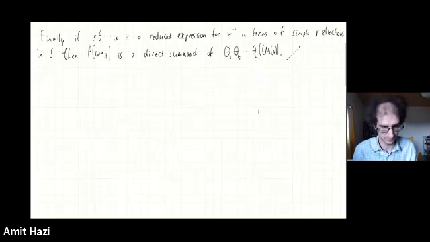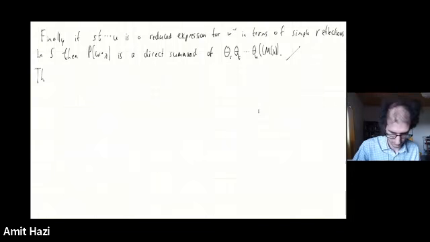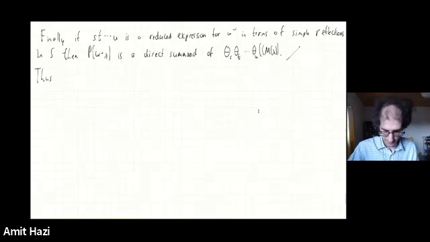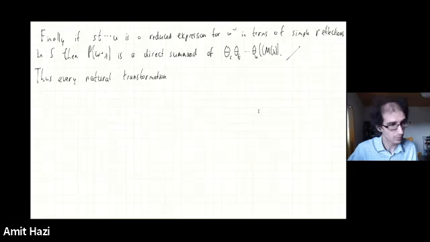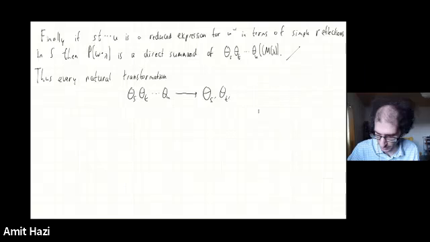Okay. Thus, every natural transformation of the form, let's say, theta S, theta T, theta U, to a similar functor, maybe theta S prime, theta T prime, theta U prime.